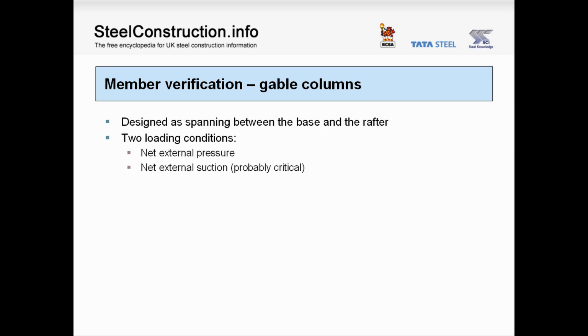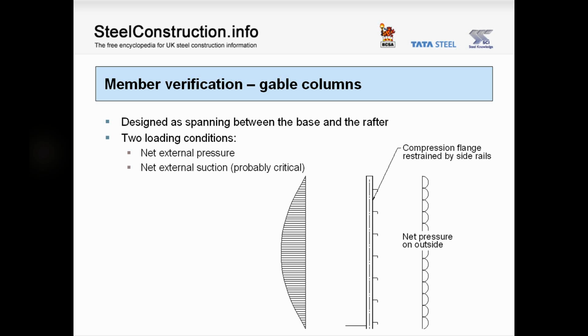The gable columns are beams which span vertically from the base to the rafter. There will be two design conditions. First of all, with pressure on the outside and very possibly an axial load, but when pressure is on the outside then the side rails are restraining the compression flange and therefore increasing the lateral torsional buckling resistance.